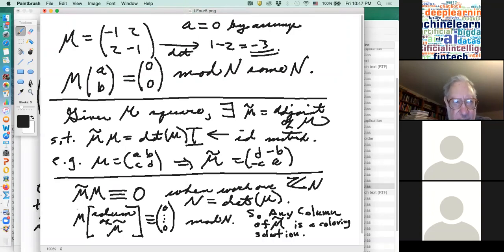And the best way for you to think about that is if I wrote this, which works in both orders, but I should write it this way. Okay? There we go. So M times the adjoint is the determinant of M times the identity. We're looking for solutions to M times somebody is congruent to 0. But M times any column of the adjoint matrix is going to be 0 mod n.